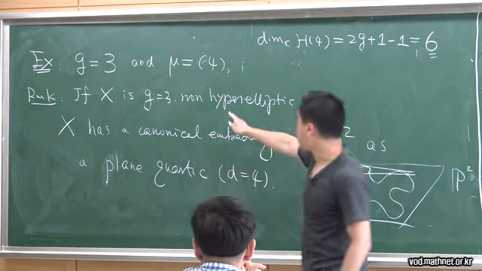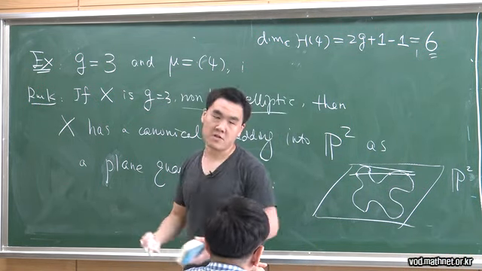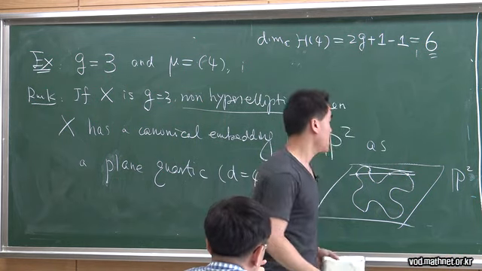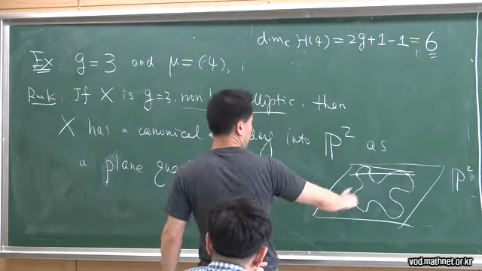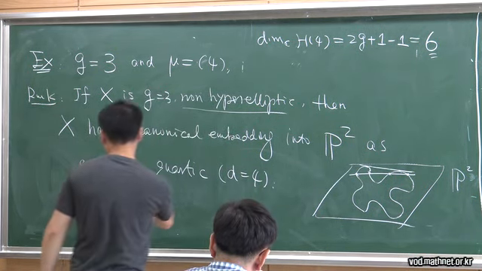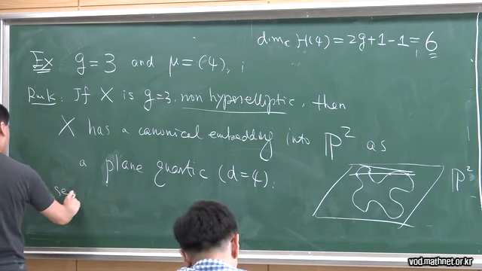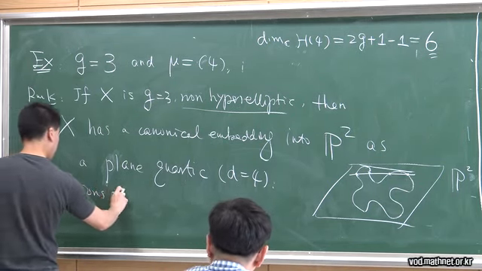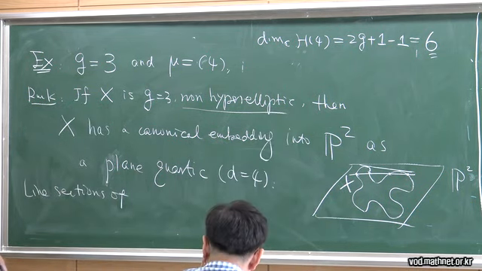I have to assume X is not hyperelliptic, otherwise this fails to be an embedding. It would give you a double cover of a plane conic. But I already discussed the hyperelliptic case, so here let me do the non-hyperelliptic case, using this plane quartic model. I'm still denoting by X the image of the embedding.